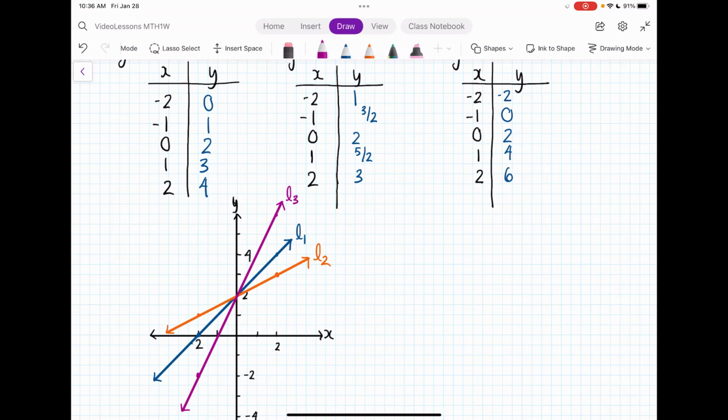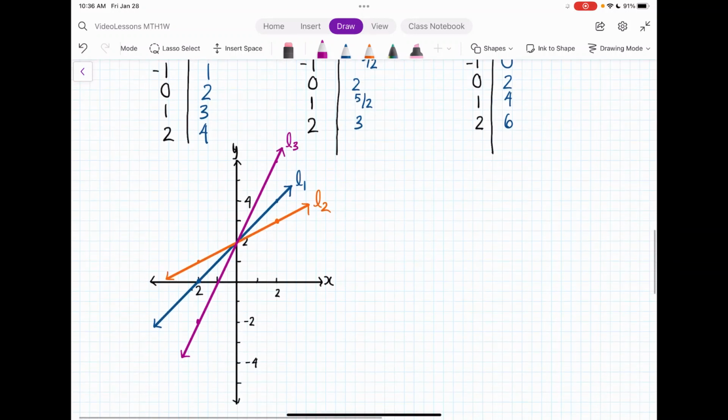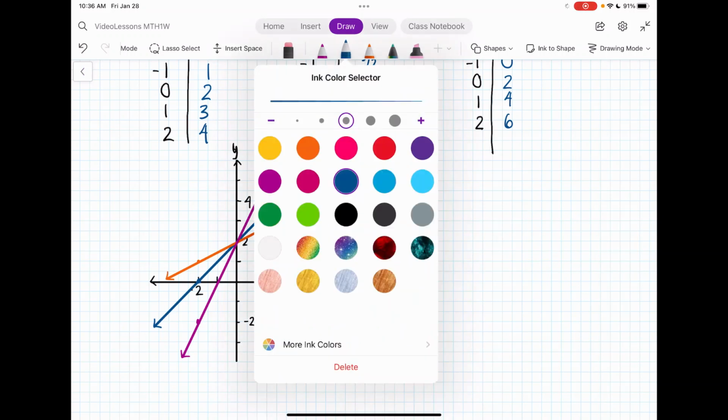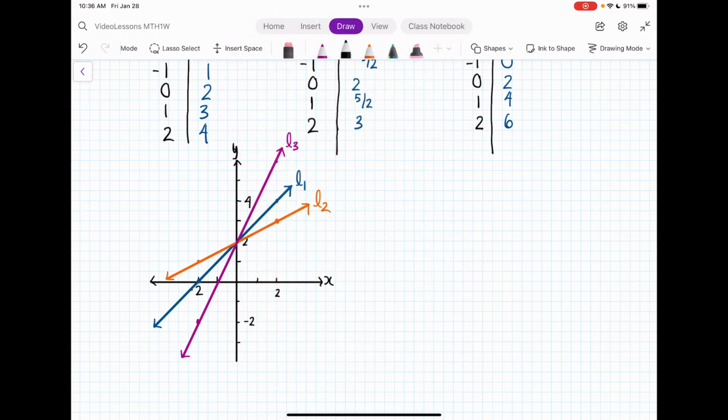Okay, so here's where now we're going to start drawing some conclusions or observations. First, we're going to write our observations, and then we can draw some conclusions based on these lines.